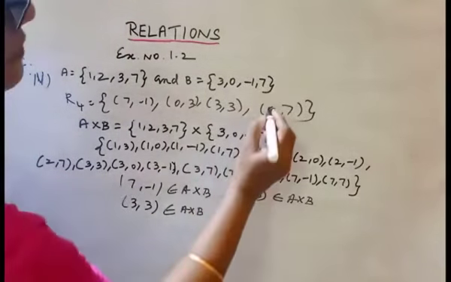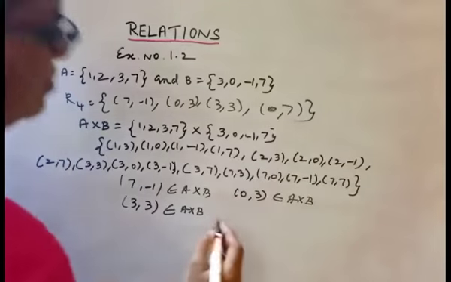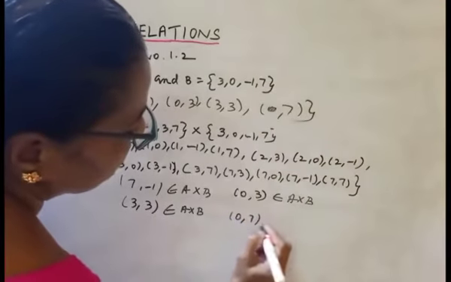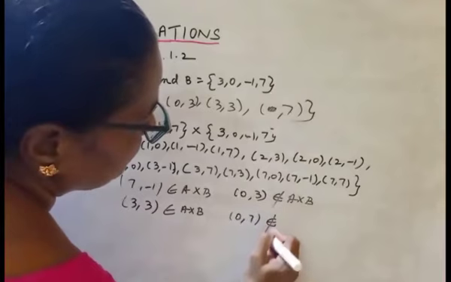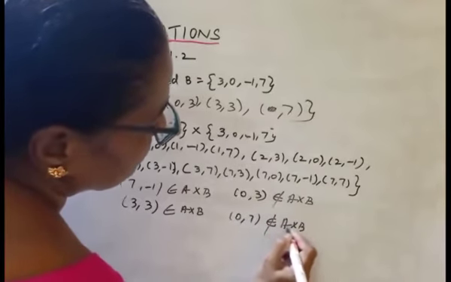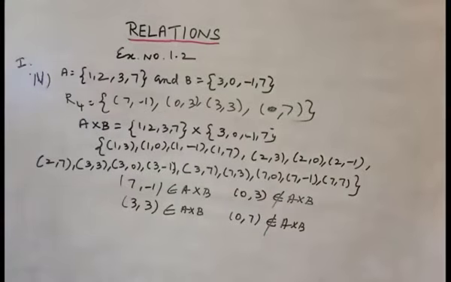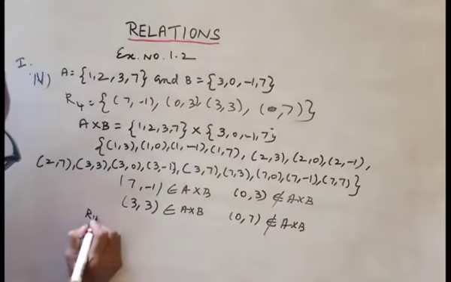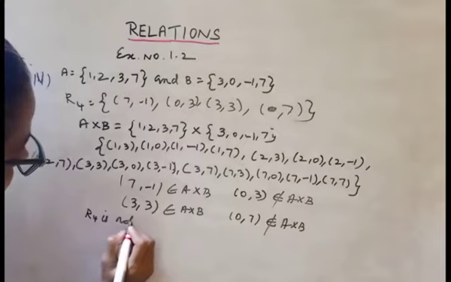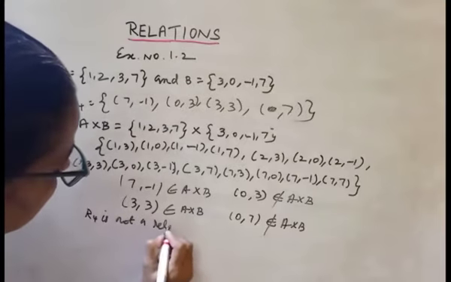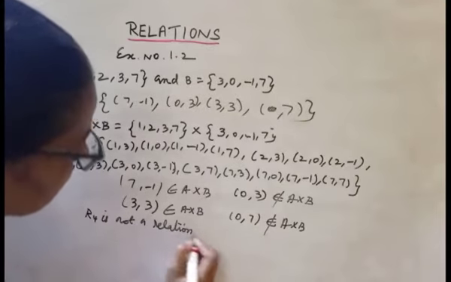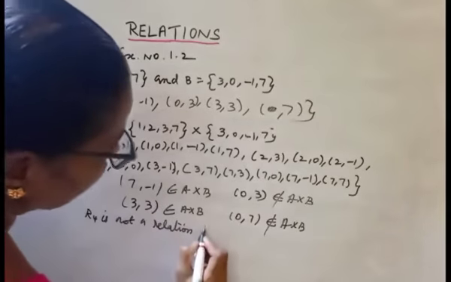You see whether (0, 7) is there or not? No. So (0, 7) does not belong to A cross B. Okay. So R4 is not a relation from A to B.